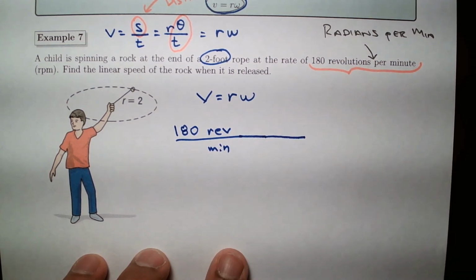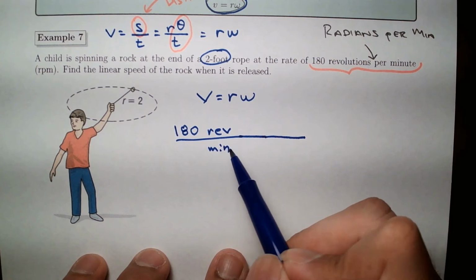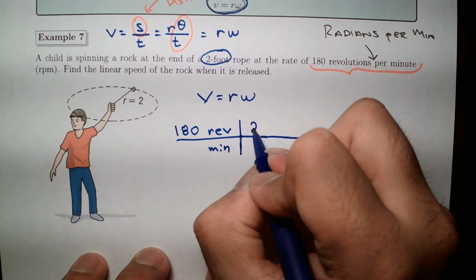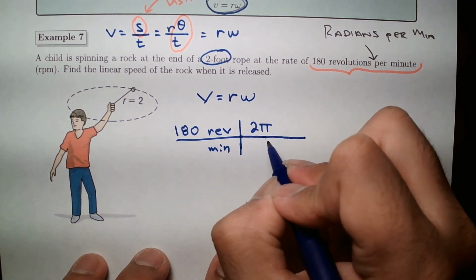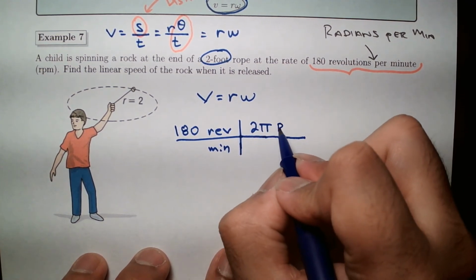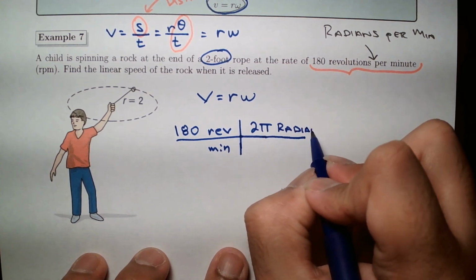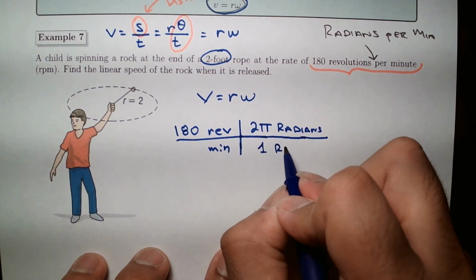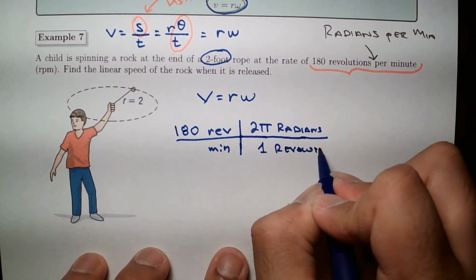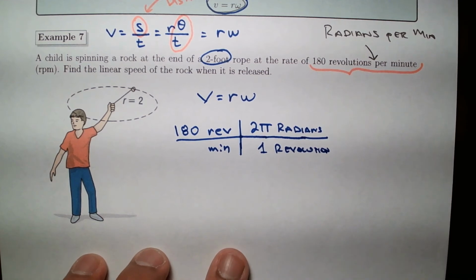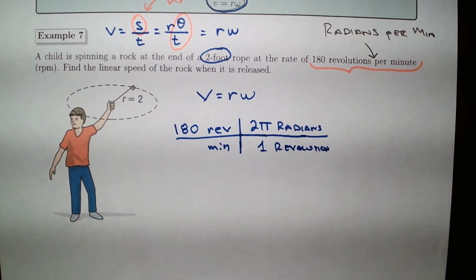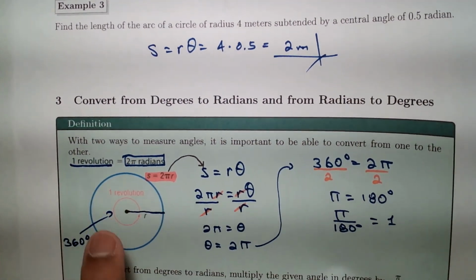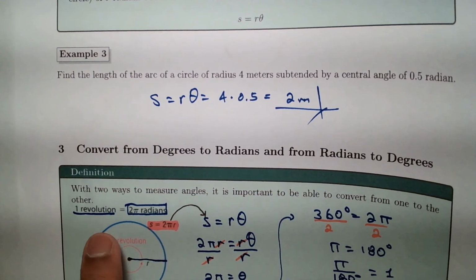We know that 2 pi radians is 1 revolution, from page 4 of this handout.